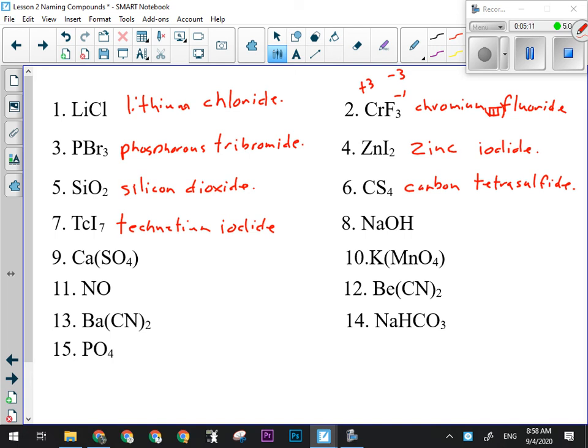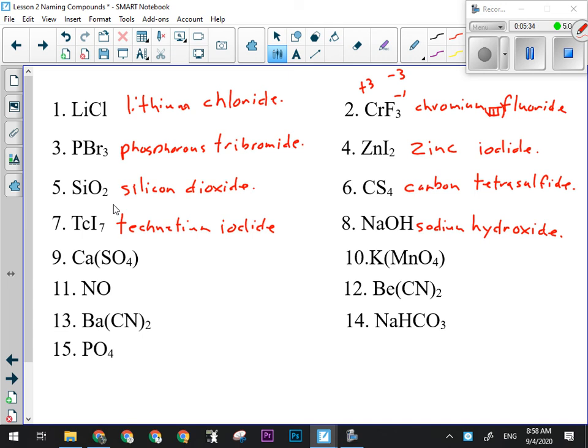So this will be sodium hydroxide. Remember, it doesn't change what we do in terms of naming, we just write the name of the polyatomic ion.